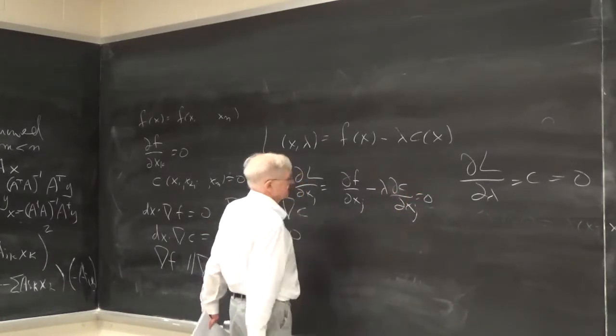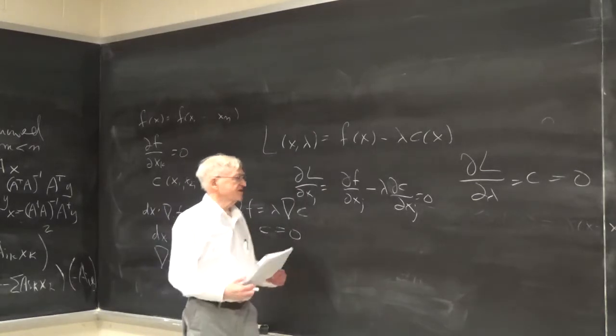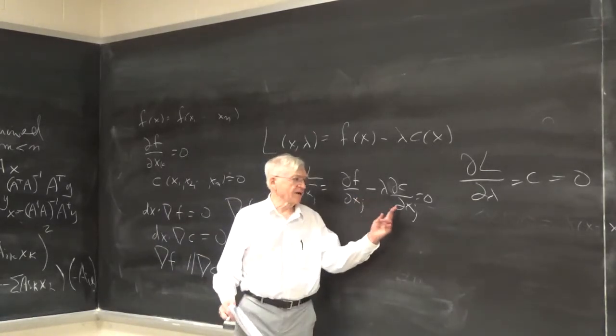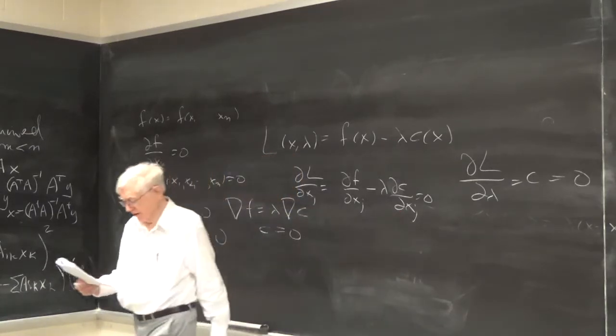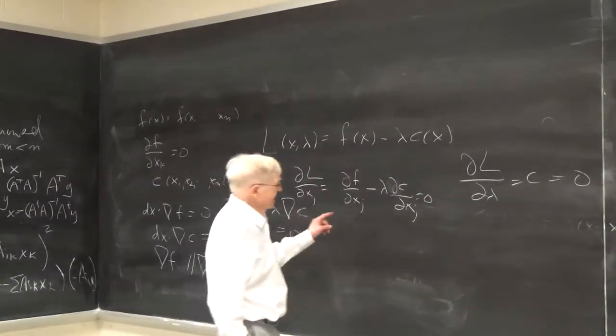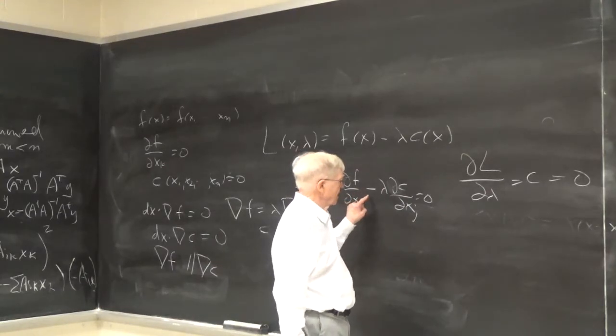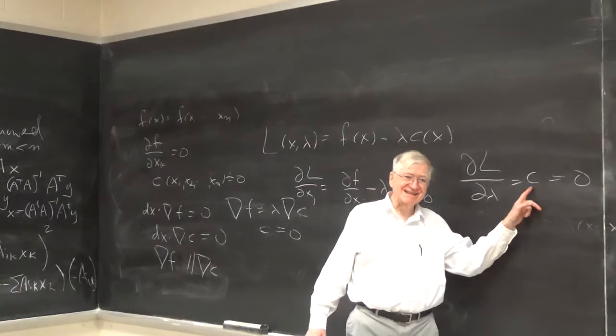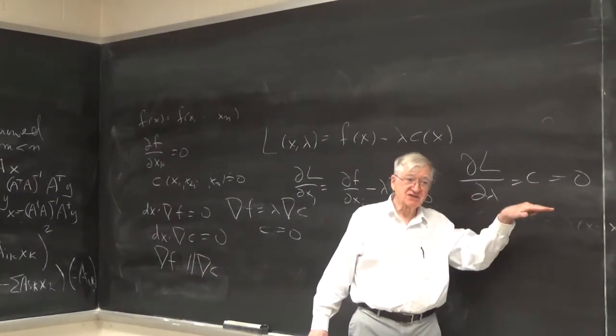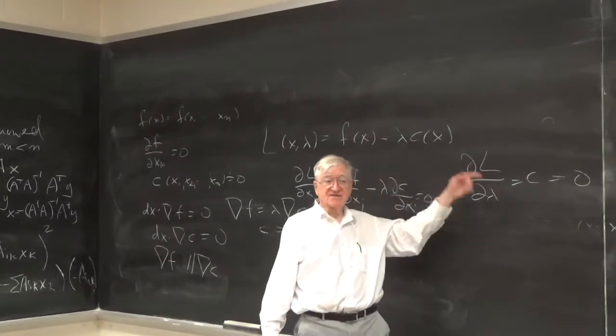We set those equal to 0. And that says that the gradient of f is parallel to the gradient of c. So you see now, c isn't changing, because we've got c equal to 0. So we've actually satisfied everything.